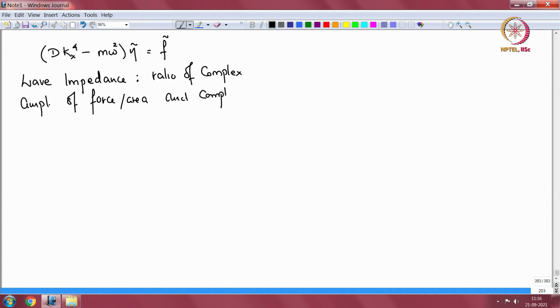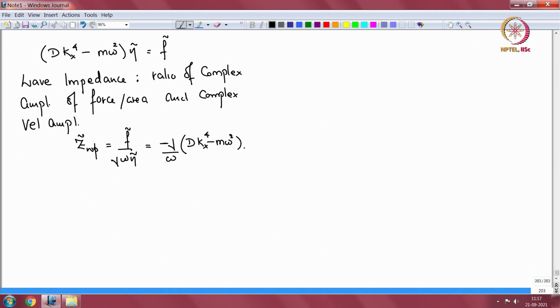So what we mean is z tilde plate equals f tilde by j omega eta tilde, which is minus j over omega, times (D kx^4 minus m omega squared).